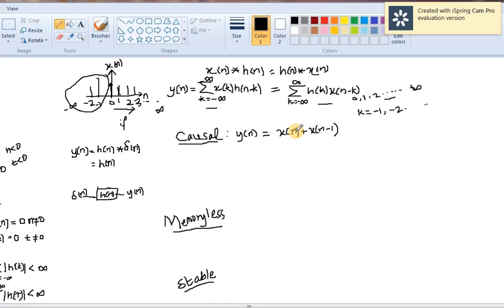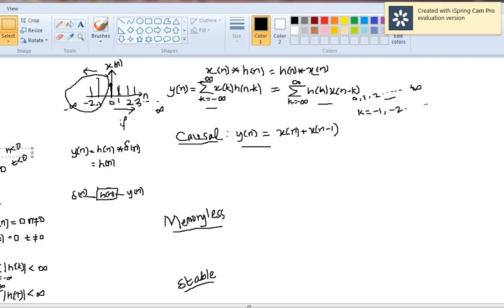The condition for causality is that our signal should have only the right side part, maybe from 0. If the samples exist from -infinity to -1, or on the left side of 0, if the signal has non-zero values on the left side, then our system becomes non-causal.